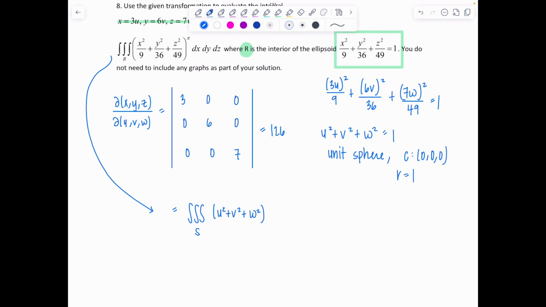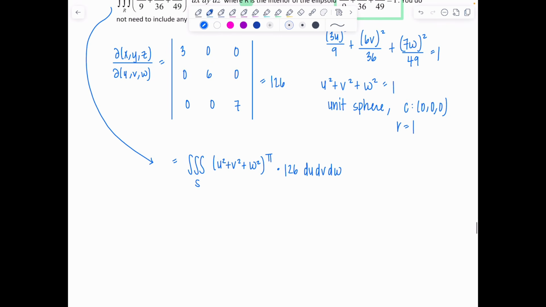So this triple integral becomes a triple integral over S of (u squared plus v squared plus w squared) to the pi times 126 du dv dw. But I still don't want to integrate over a sphere in uvw space. Instead, we're going to do one more change of variables and go to spherical coordinates.